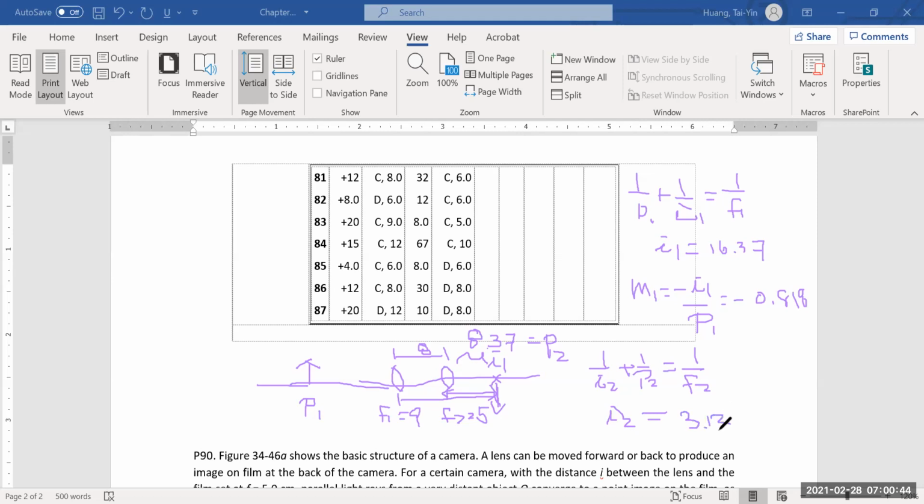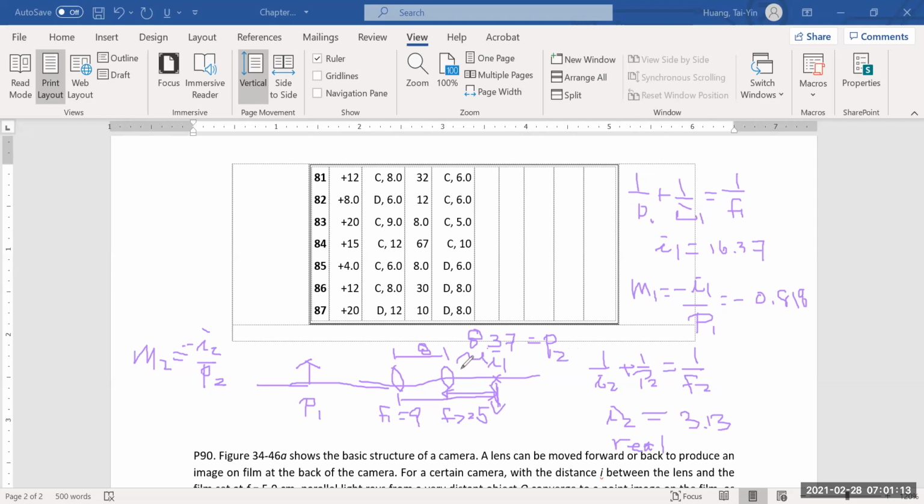That positive value of I2 indicates that the final image is real. Then we calculate the M2 to see the orientation. So your M2 is equal to negative I2 over P2.